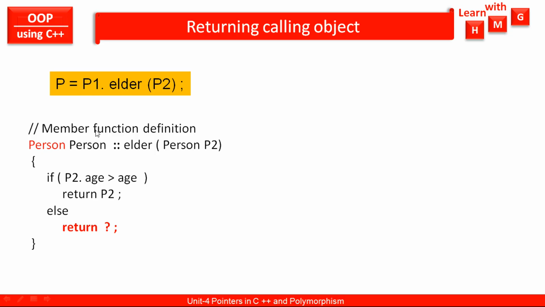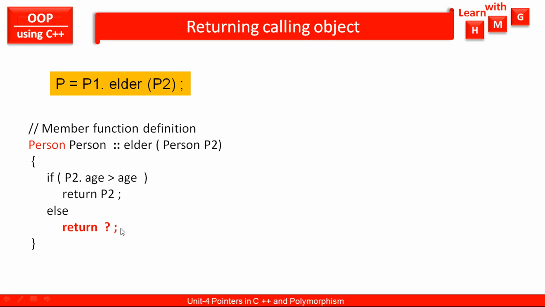But in the member function, P1 is not specified anywhere, because it is internally passed and its data member age is directly used. While returning, I cannot return object P1. That is the problem.